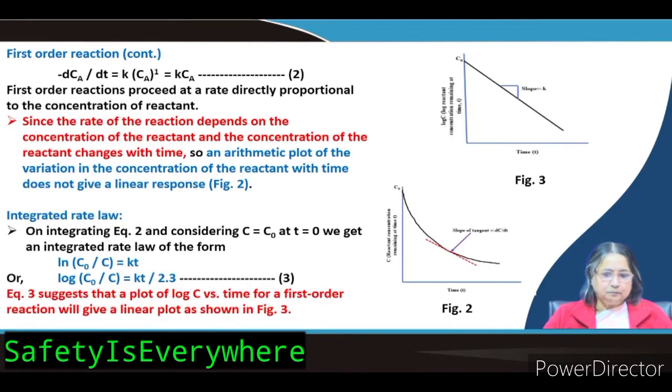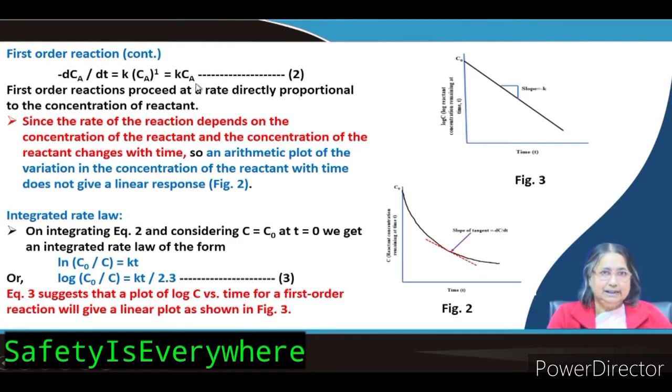Now, for first order reactions, we know the rate expression is like this. Here you can see that a first order reaction proceeds at a rate directly proportional to the concentration of the reactant.